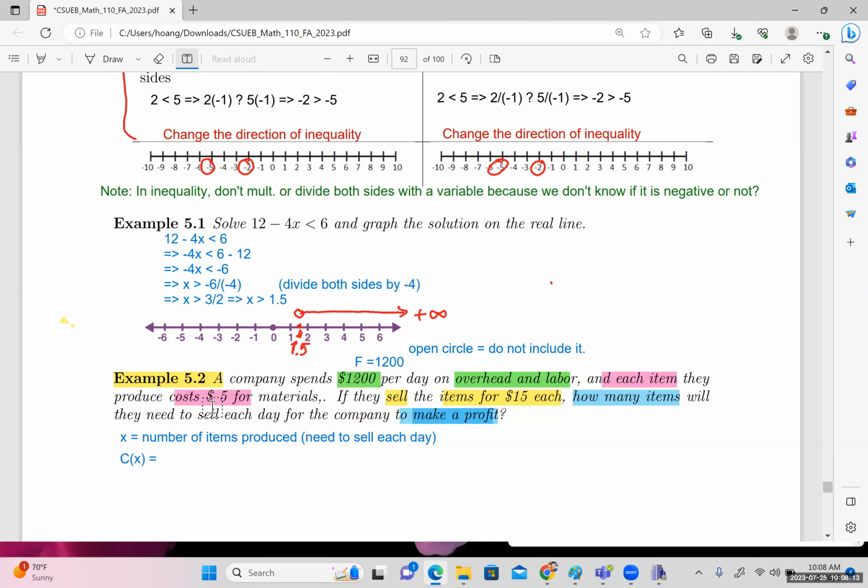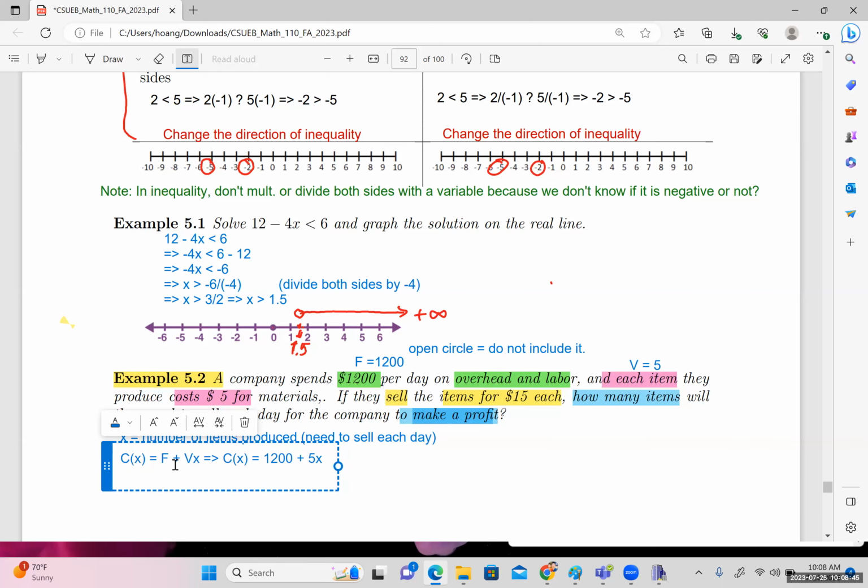And per item cost V equal to $5. So I'm going to have 1,200 plus, maybe I write it as F plus Vx. So then we have C of x equal to 1,200 plus 5x.